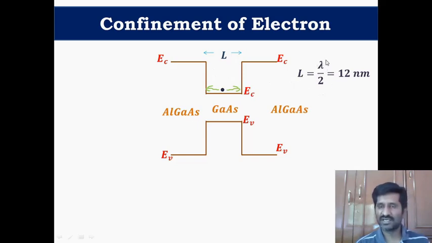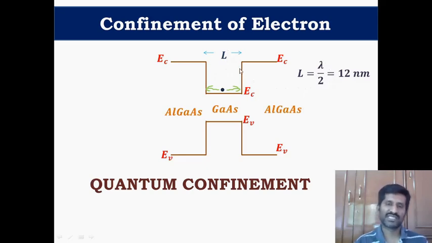It is 24 nanometers for gallium arsenide at room temperature. So in order to produce a confined structure, we have to keep this interlayer thickness equal to lambda by 2.